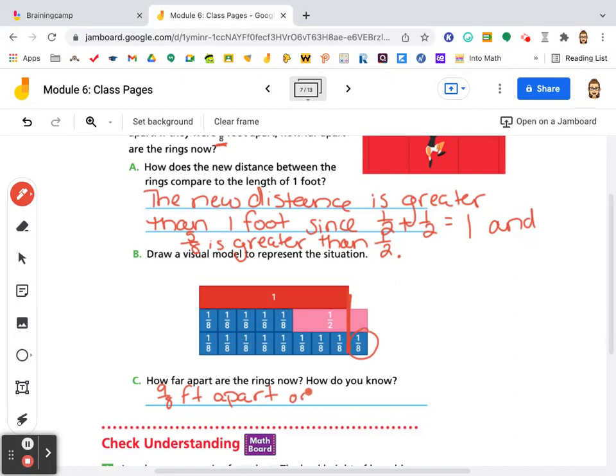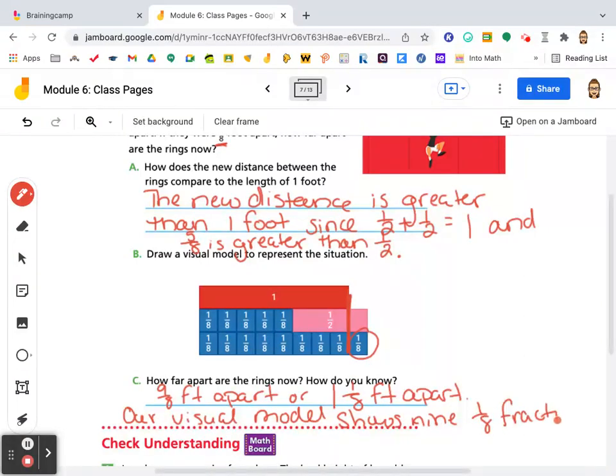So, or 1 and 1/8 feet apart. And we know this because our visual model shows 9 1/8 fraction strips.